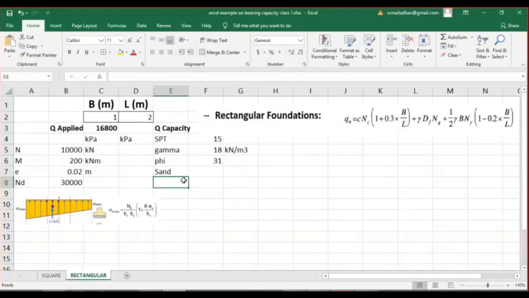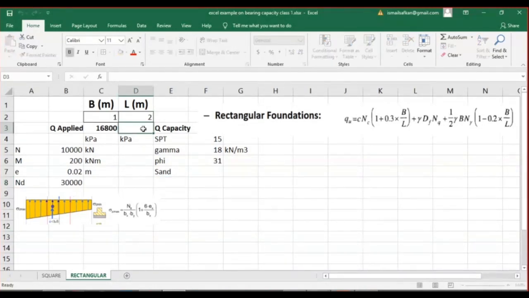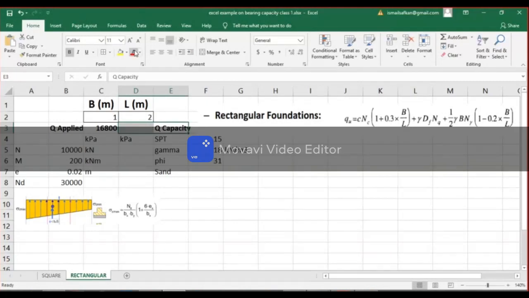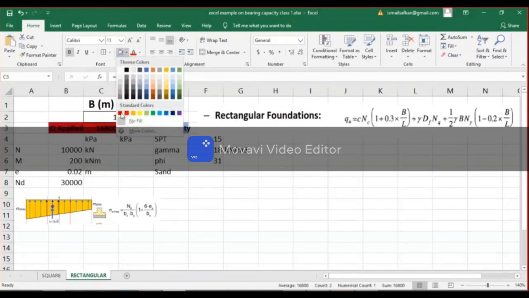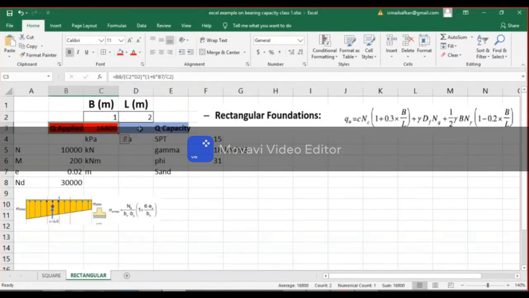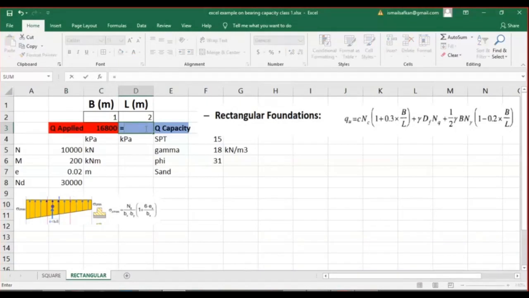So let's create our bearing capacity here. Let's keep these two as blue and these two as red, so that you understand what I mean. They equal, and write all this formula you have here.